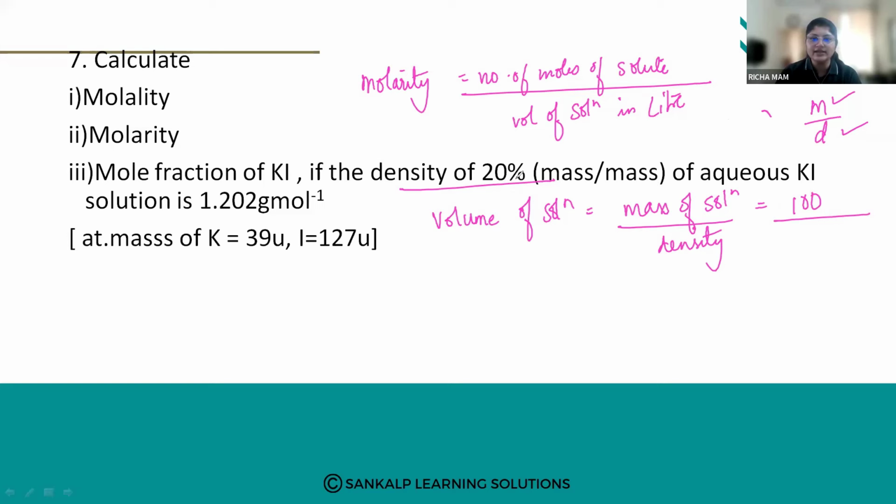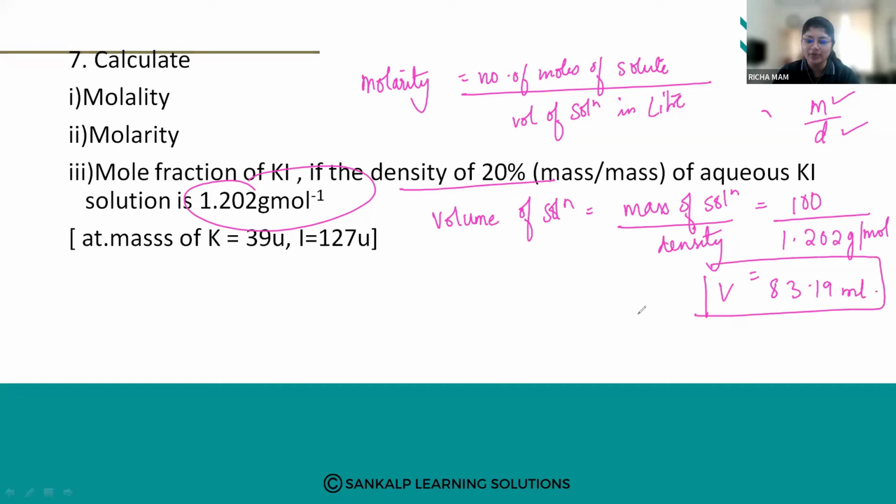The density of the solution is 1.202 gram per ml. So calculate 100 divided by 1.202. It comes to 83.19 ml.